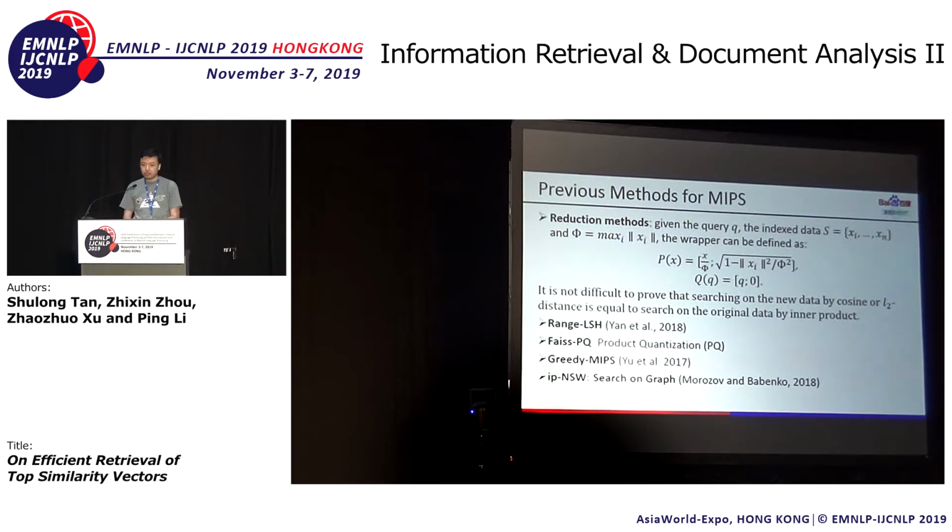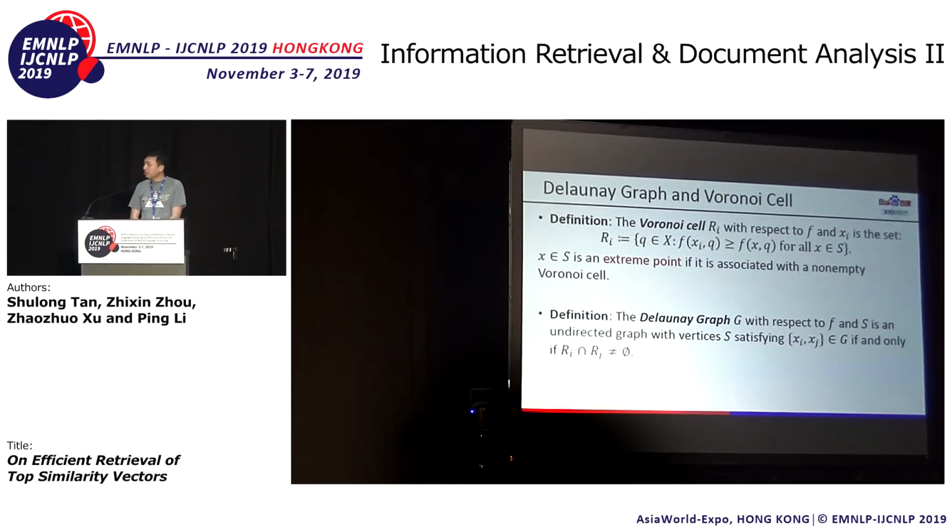If we do this transformation, then the problem reduces to the cosine similarity case. Some other methods include range LSH, where LSH stands for locality sensitive hashing, Faiss PQ, greedy MIPS, and IP-NSW, which is a search-on-graph algorithm. Our approach is also based on the search-on-graph technique.